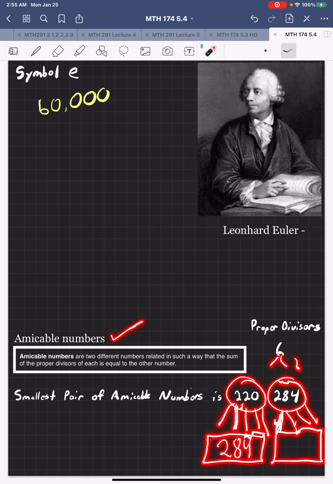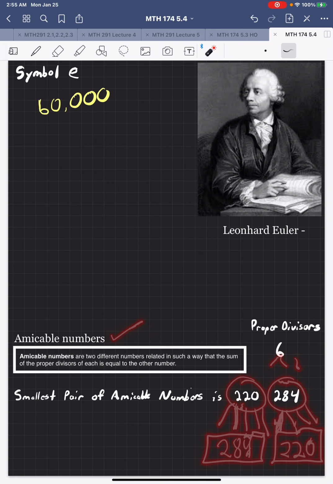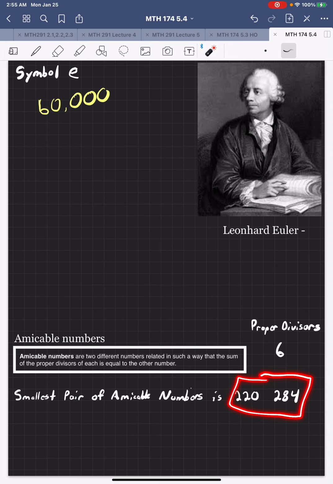The sum of all the divisors for 284 adds up to be 220. Okay? So this is truly a pair, right? This is a match made in heaven, if you will.